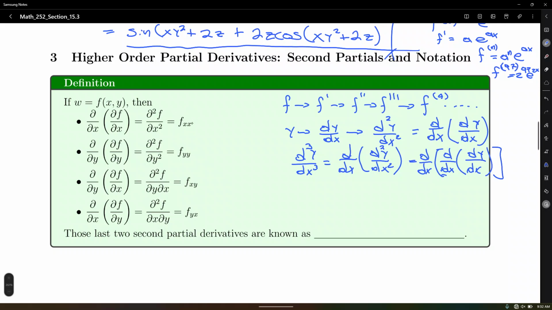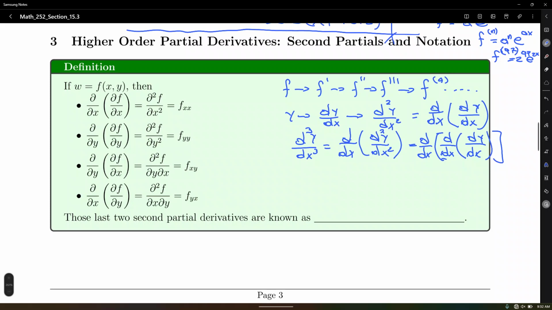In this case, which is the shorter notation, we would just list x and then x. That means we're differentiating with respect to x, and we are differentiating a second time with respect to x. That is, take the partial of f with respect to x and take the second partial. So this indicates that we're taking the partial derivative with respect to x of something that we already took a first partial with respect to x.